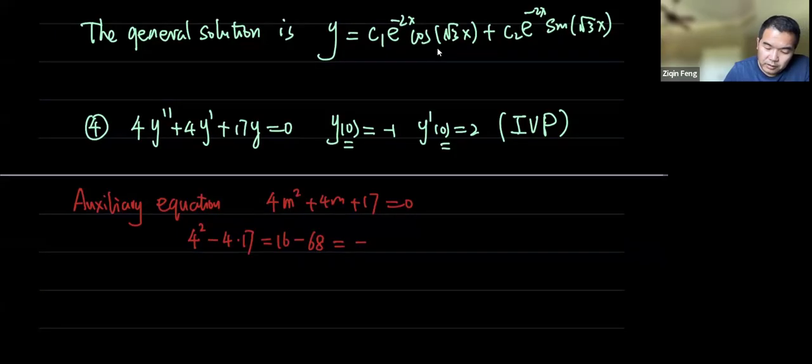b squared minus 4ac. There's another 4 here and 4 here, right? Okay, what's this?